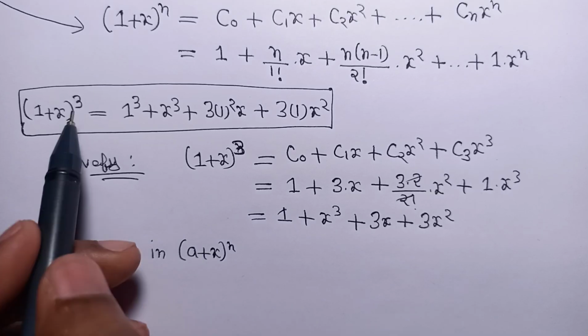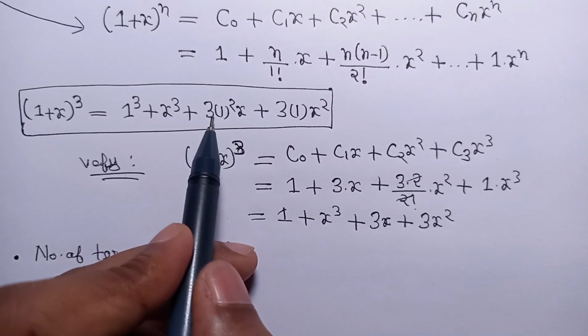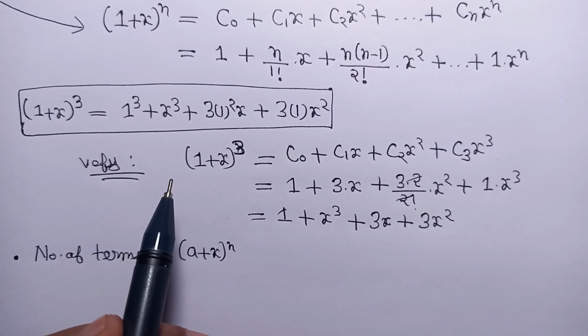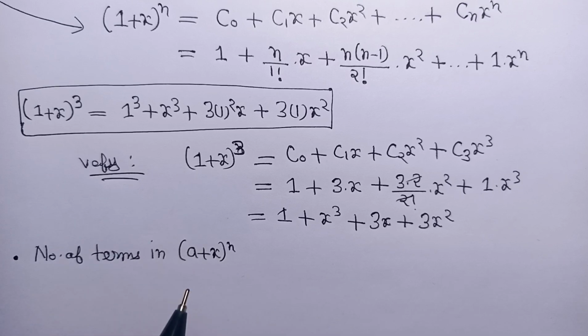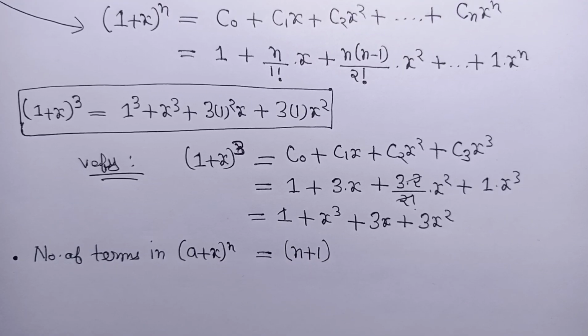So you can see when you have power 3, so how many terms you have? 1, 2, 3, 4. Similarly, when you have power 2, you will have 3 terms. So in general, number of terms in (a + x)^n is equals to n plus 1. One more term. You can verify it by expansion.